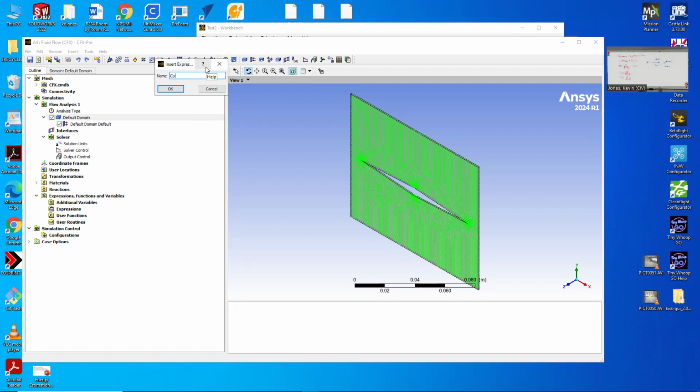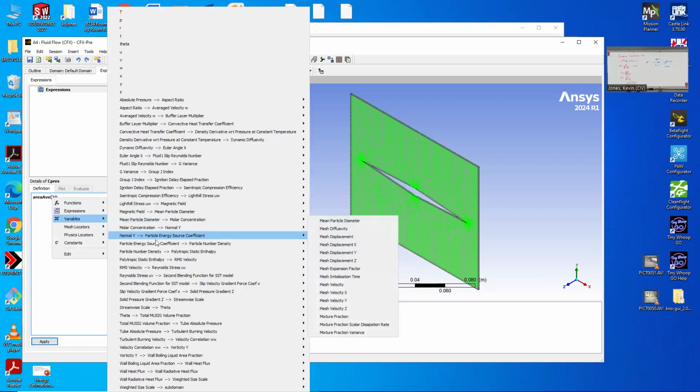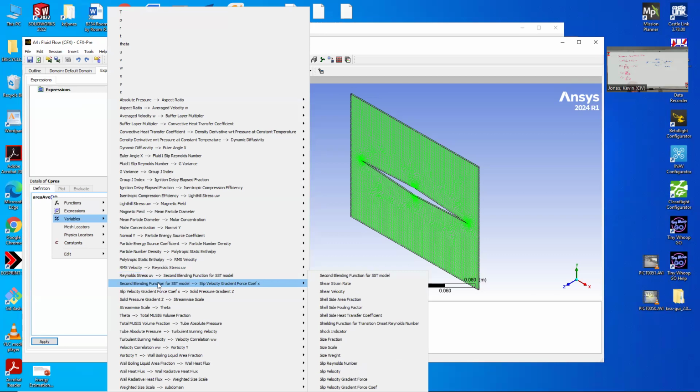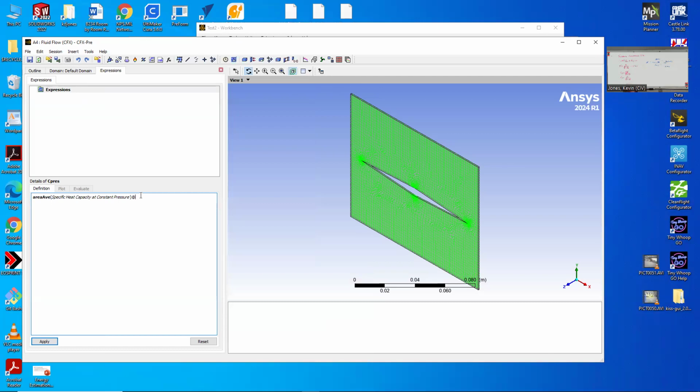So let's call C pressure, or coefficient of heat, constant pressure. And the equation we'll use, we can go ahead and build it here. Say it's the area average. The variable will be the specific heat capacity, constant pressure, at the inlet.